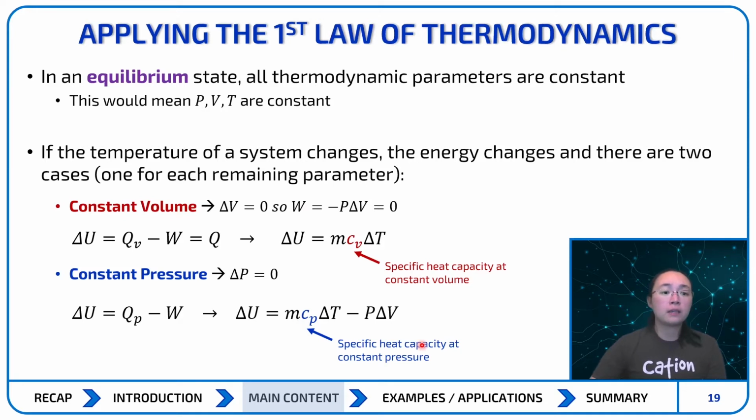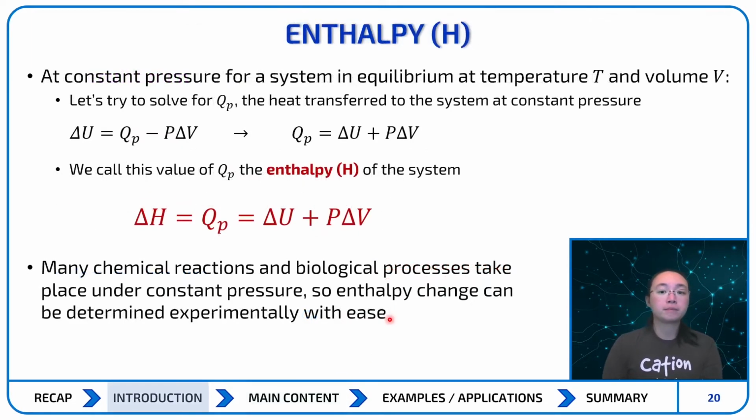Taking a look at this constant pressure equation, we can now try and define a new state function called enthalpy by taking advantage of what we just solved for. So enthalpy, at constant pressure for a system in equilibrium at temperature T and volume V, we now want to solve for QP, which is the heat transferred to the system at a constant pressure.